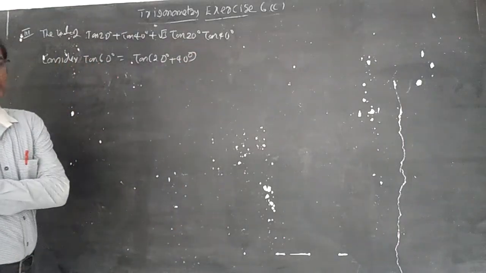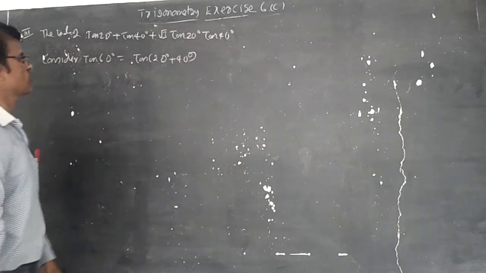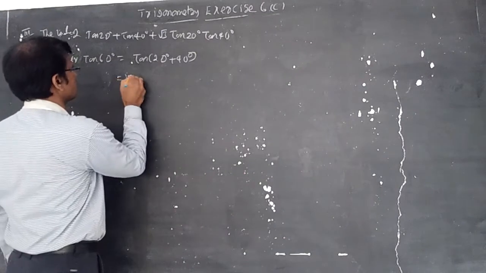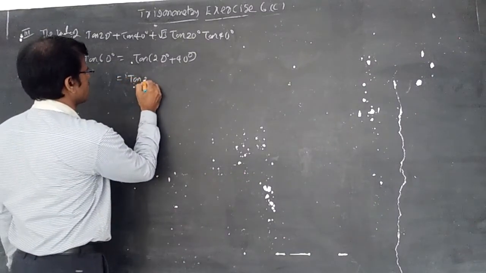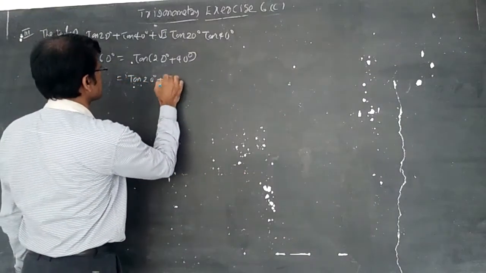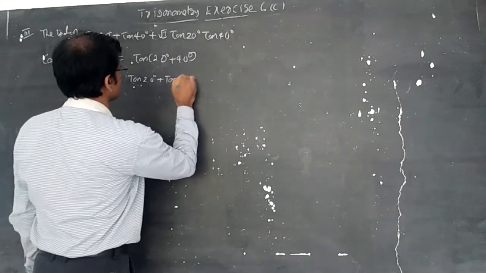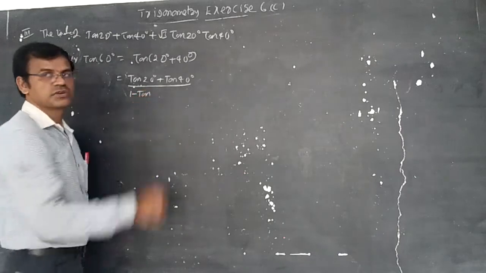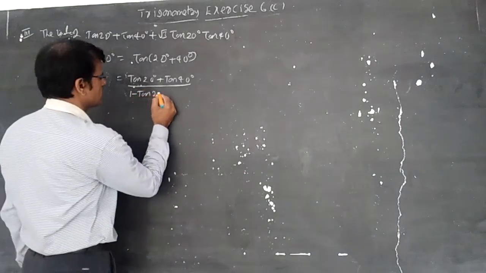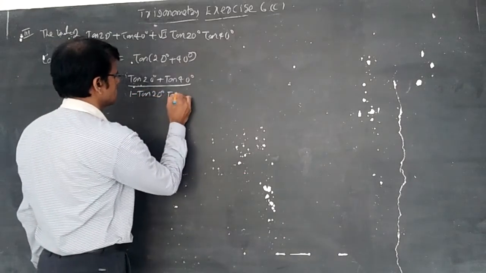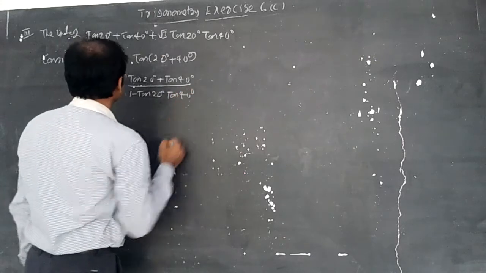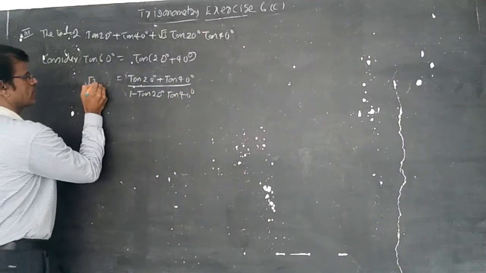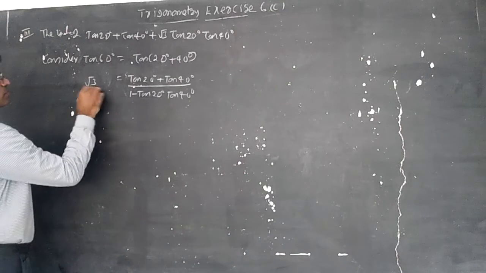So here tan 60 is equal to tan of 20 plus 40. Apply the formula tan A plus tan B is equal to tan 20 plus tan 40 by 1 minus tan 20 into tan 40. The value of tan 60 is root 3 by 1.